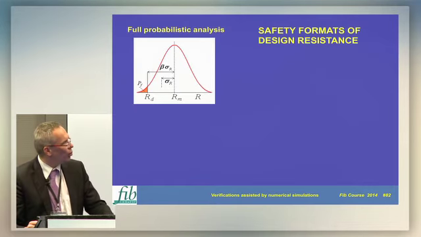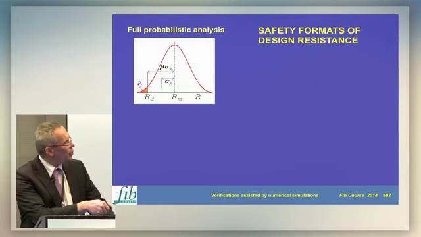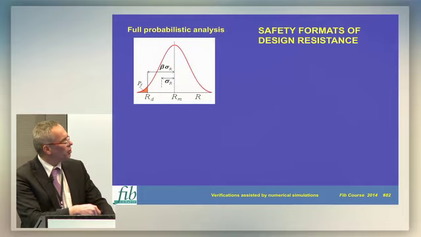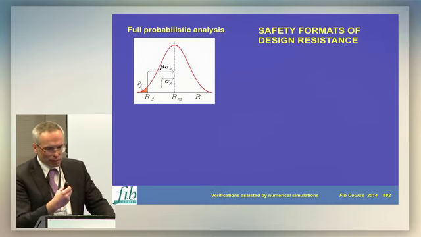But I don't want to go into detail. It is clear that this approach is the most demanding, but we can actually get the information about the mean, information about the distribution, and we can then calculate the design resistance considering some probability of failure.